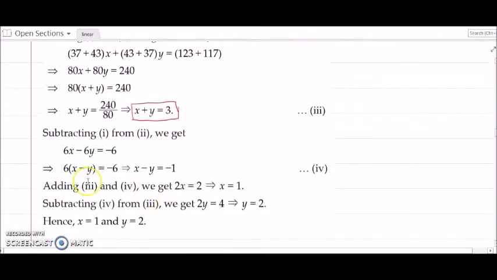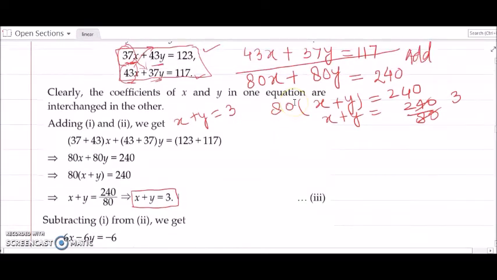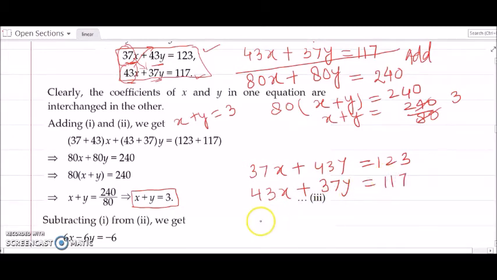And if you subtract, this is our first equation, 37x plus 43y is equal to 123, and this is 43x plus 37y is equal to 117.